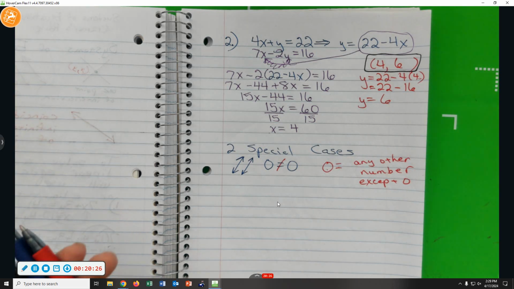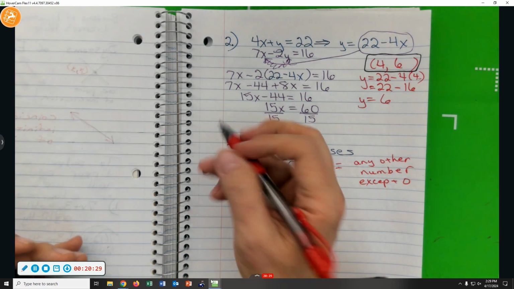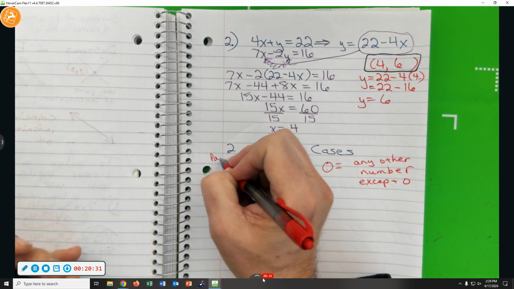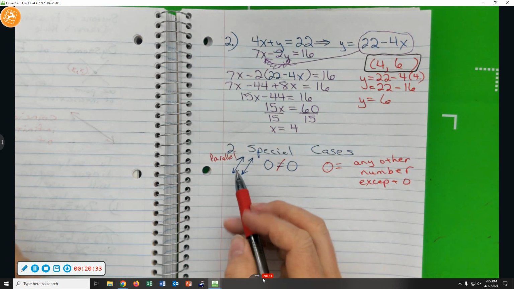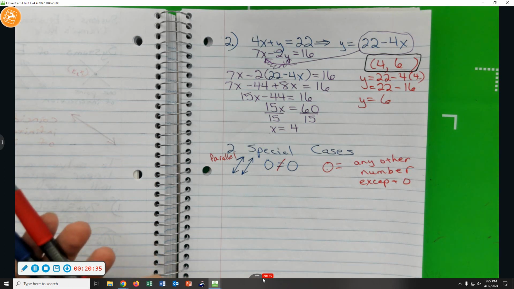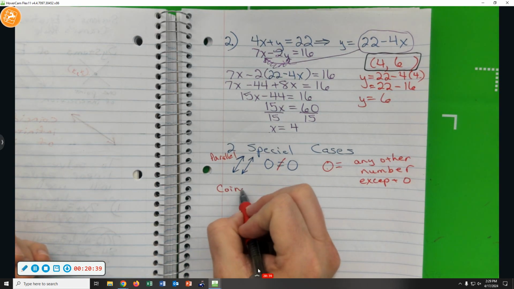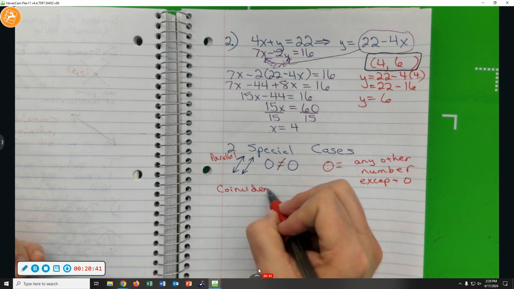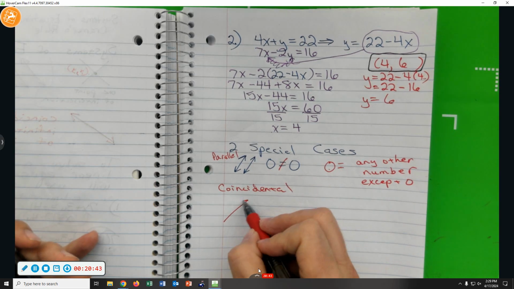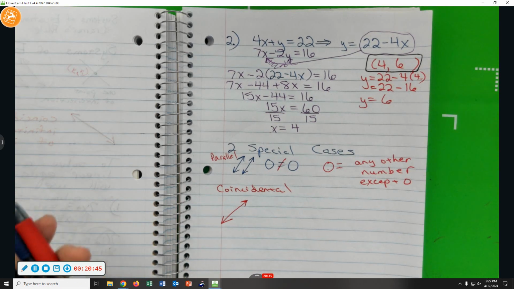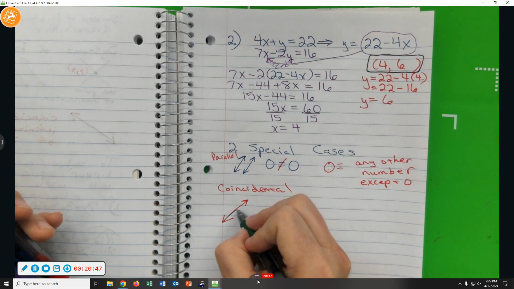Now the coincidental lines, I've got to make a note. This is parallel. Although I guess those look pretty parallel to me. The next one, coincidental. One line on top of another line.